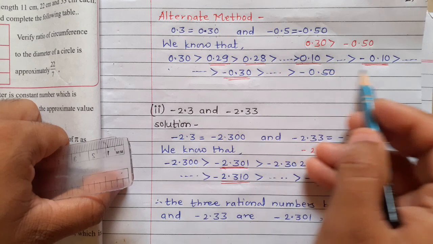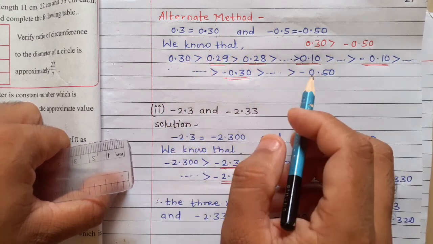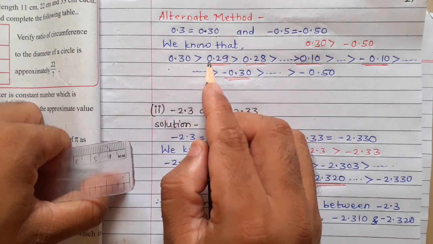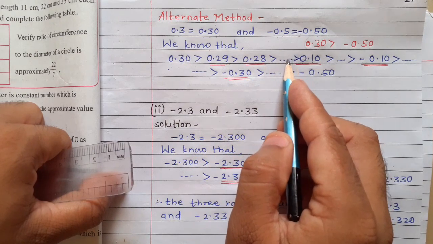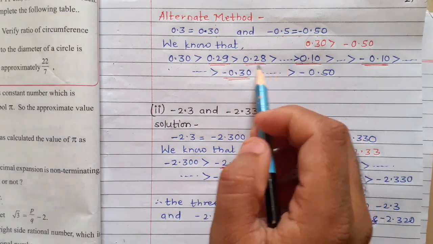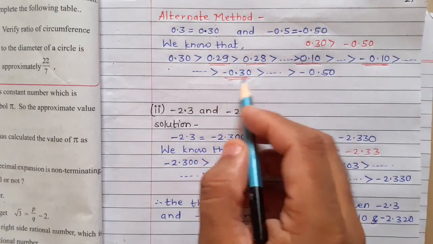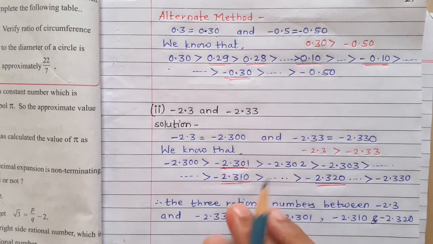There are so many numbers in between them. So these are the numbers we can find out. In this way we can find out the numbers between two rational numbers.